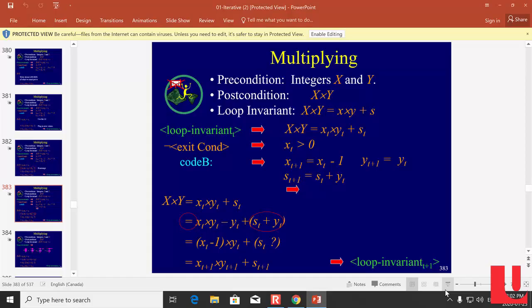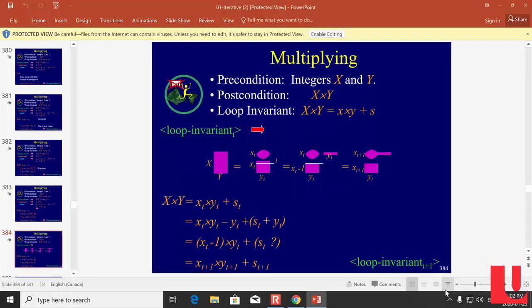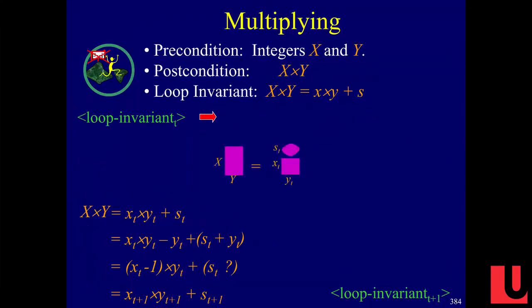Yeah. In fact, I've got a proof by pictures over here. So maybe this will help again. I love pictures. So here's the loop invariant by pictures. Everybody see it? The area is capital X times capital Y. Here the area is the little x times the little y. And here's the area of s.